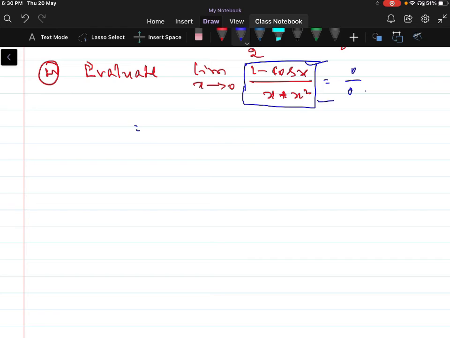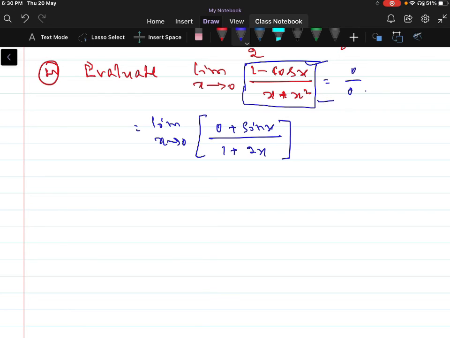So that is equal to the limit as x tends to 0. Differentiation of the numerator: 1 differentiates to 0, minus of minus, plus sin x, divided by the differentiation of the denominator, 1 plus 2x.